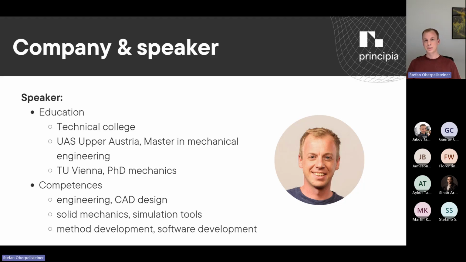And after this, I joined the research group of multi-body dynamics at the campus Wels. And during this time I did my PhD in mechanics at the Technical University in Vienna. My competences are, of course, in the field of engineering and CAD design, and in the field of solid mechanics and simulation tools itself. In the last years, I switched over to software engineering, where I do some method development and software development.